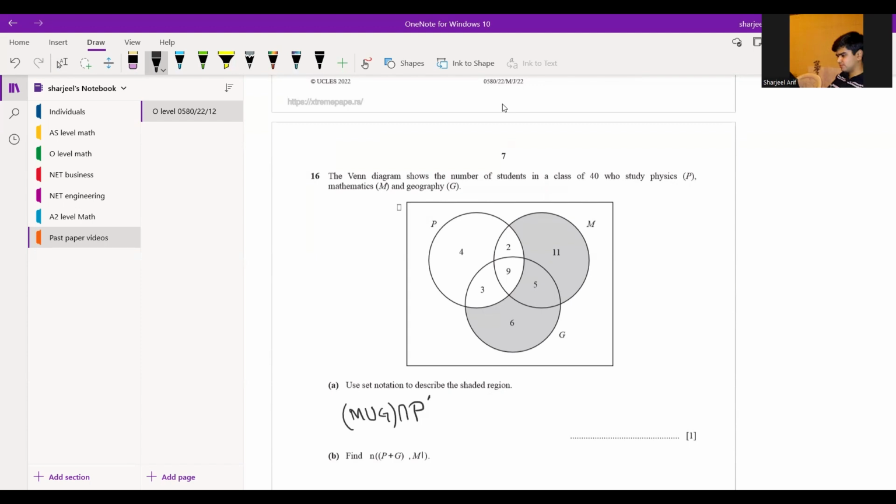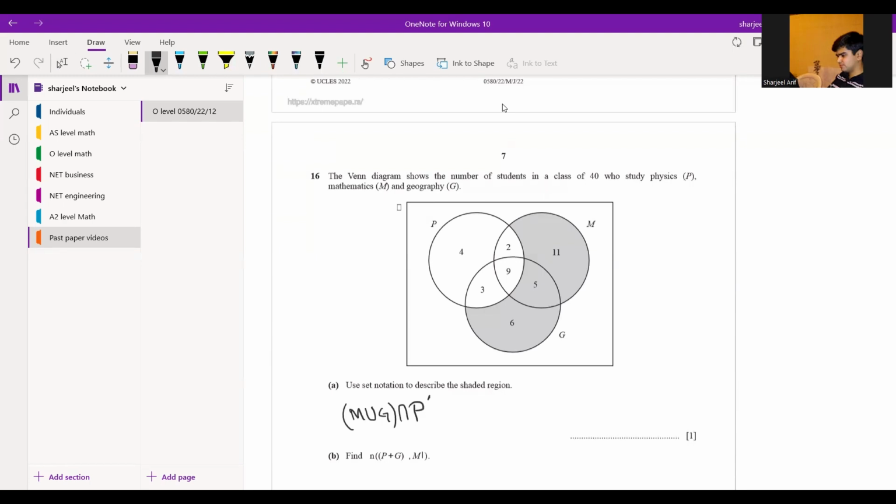So that would be m union g. This will include 2, 9, 3, 6, 5, 11. And p complement represents all the values excluding p, so that would be 11, 5, and 6. Then we will find the intersection. So there will be only 11, 5, and 6.